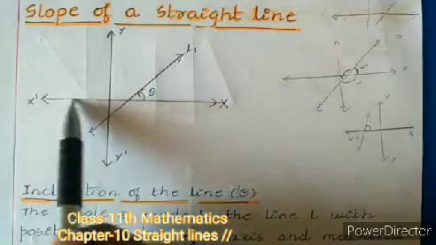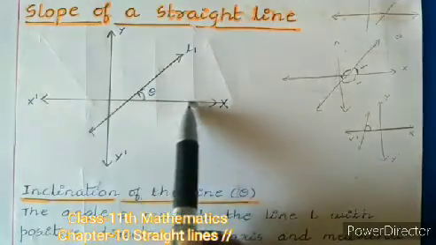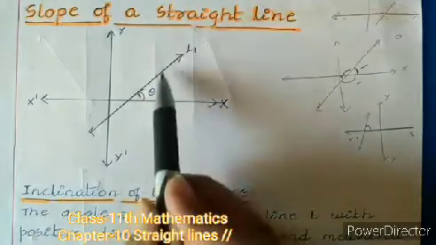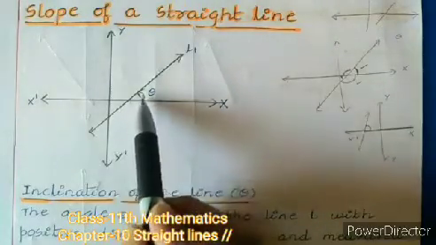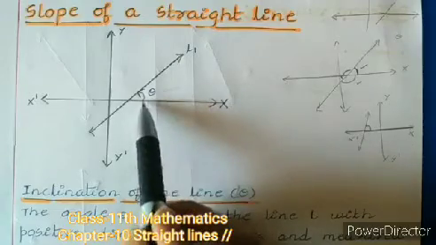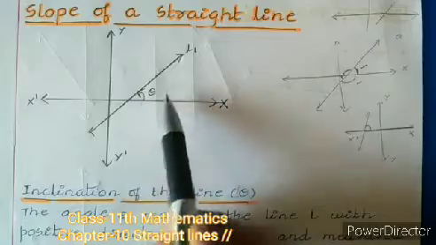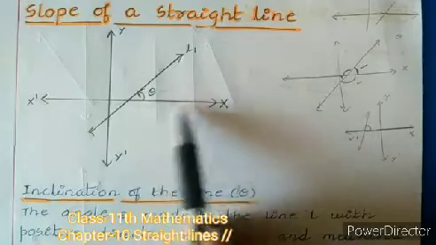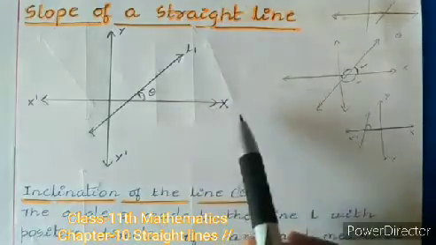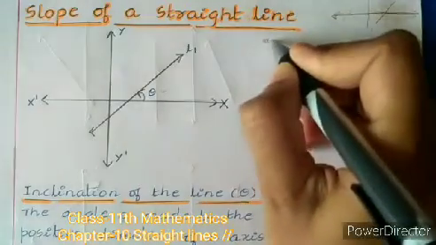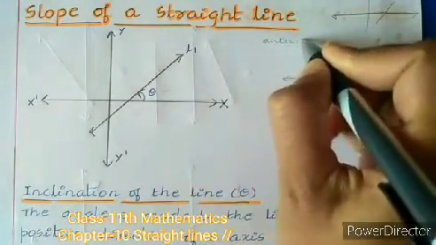We are not interested in the left side, we are interested in the positive direction. So with this direction, this line is making one angle, that is this one, and another angle, that is this one, so we have here 2 angles that are made by this line with the positive x-axis direction. But we are interested only in the anti-clockwise direction.